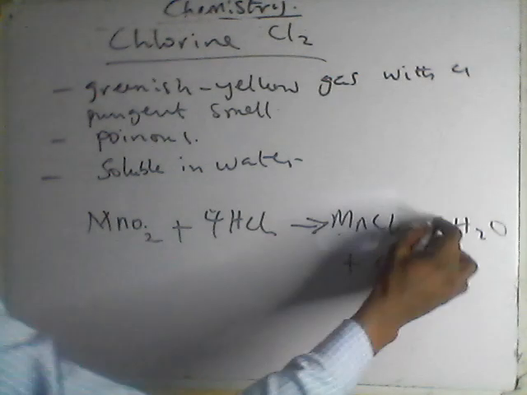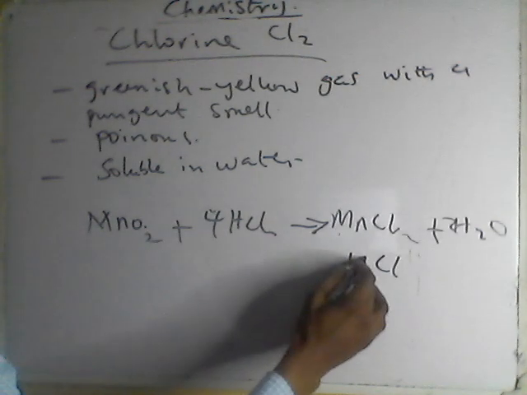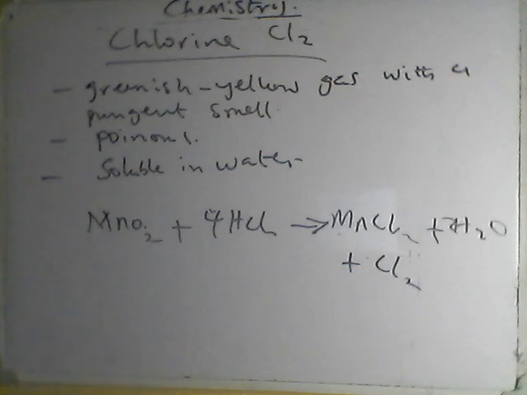This is 2 here, okay, it's balanced now. It is collected by downward delivery because it's denser than air. You see, oxygen and hydrogen, upward delivery; chlorine, downward delivery.